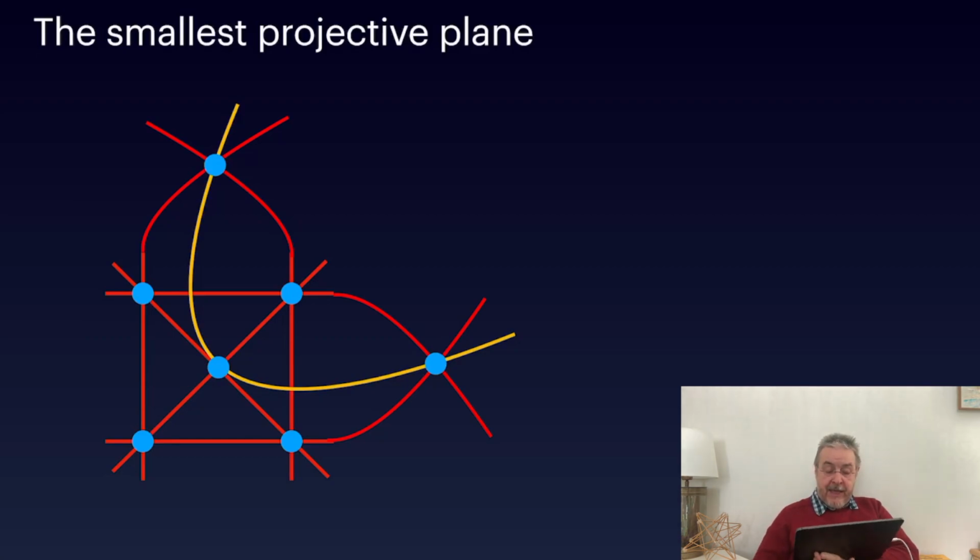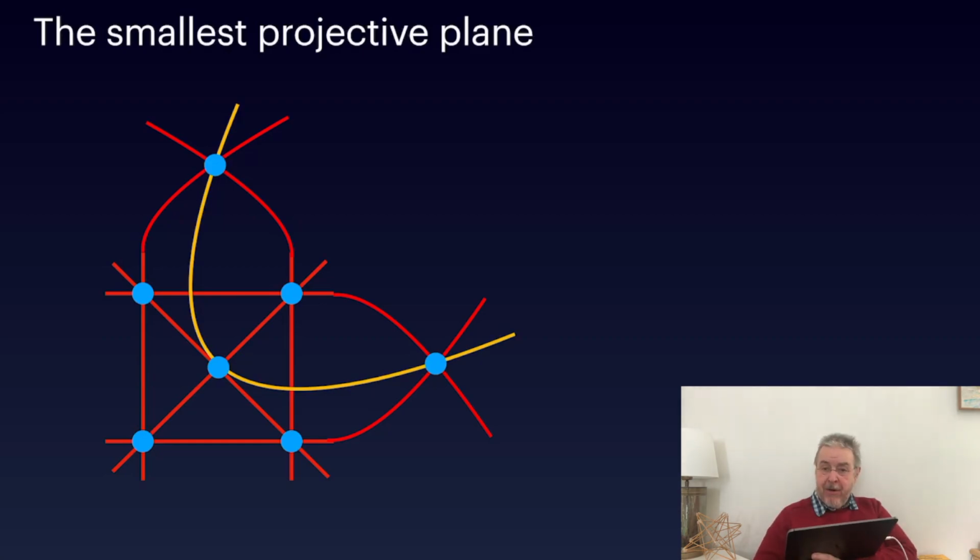But what you see here now is still one more missing line, because so far these 2 points were not connected, these 2 points were not connected, and these 2 points were not connected. But now we can be economic and say, well, we define just one line that connects all 3 of them.